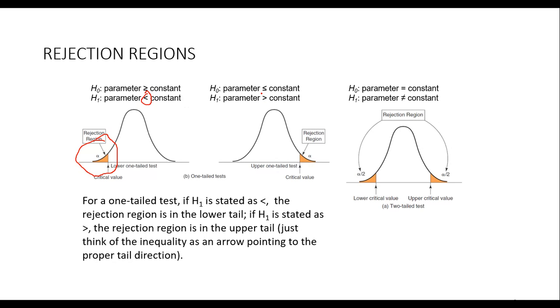And suppose the null hypothesis is that the parameter from the sample is less than or equal to a constant, and the alternate hypothesis is that the parameter is more than the constant.